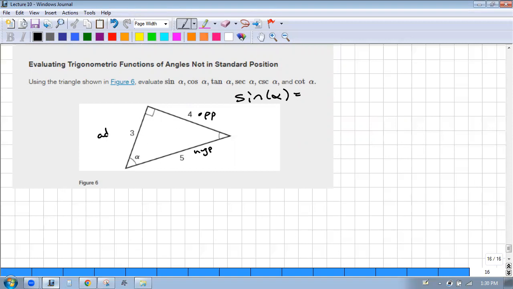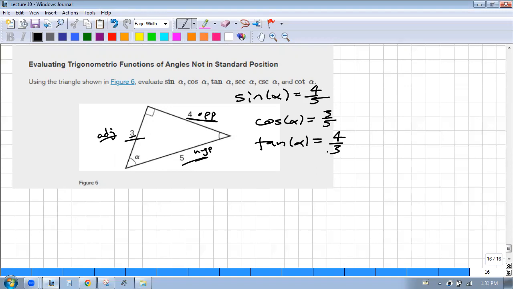This is the side adjacent. Sine is opposite over hypotenuse. Cosine is adjacent over hypotenuse, so it's 3/5. Tangent is opposite over adjacent, so it's 4/3.